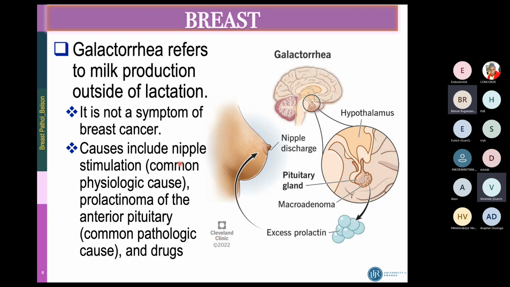The causes include nipple stimulation, which is the common physiological cause, for example stimulation by the baby or anything else, or there is a problem with prolactin, a hormone also made by the pituitary gland. If the pituitary gland has a tumor in cells producing prolactin, this tumor is called prolactinoma.